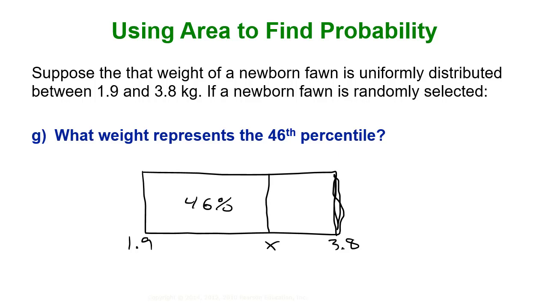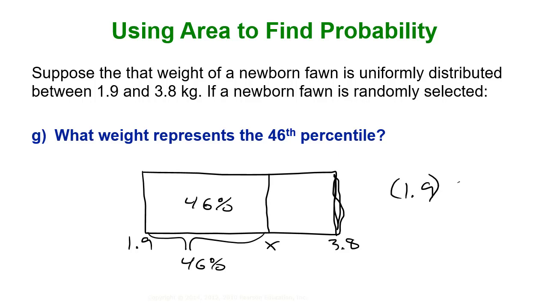If this is 46% of my area, doesn't that mean that this has to be 46% of the total length, the total base? We know the total base is 1.9, right? If we go from 1.9 up to 3.8, that's a distance of 1.9.